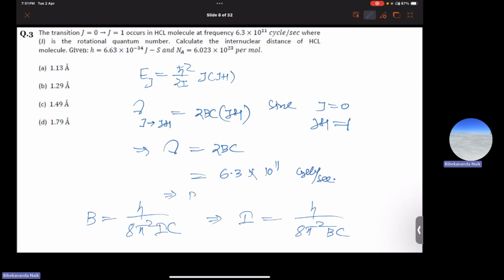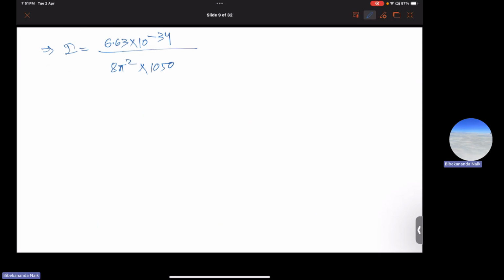So from here we can calculate B to be 6.3 into 10 to the power 11 divided by 2C, which will give us 1050 meter inverse.